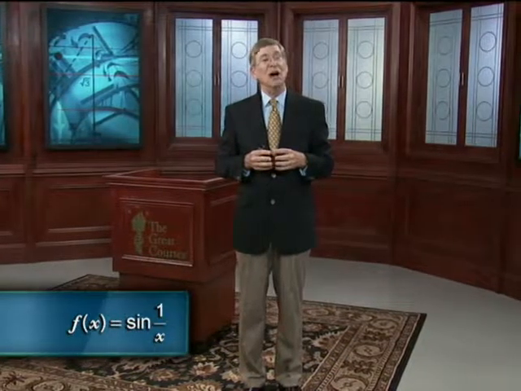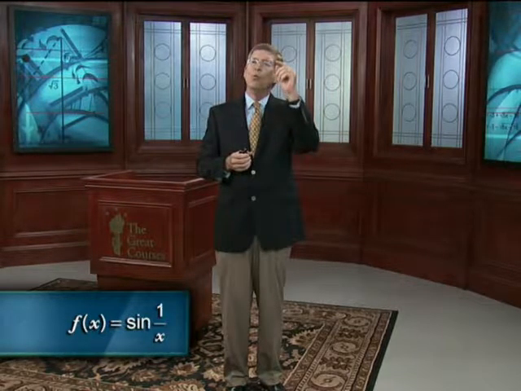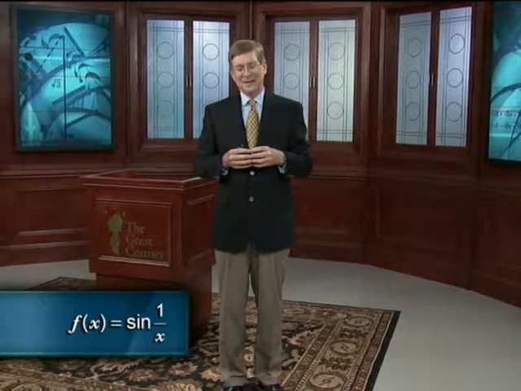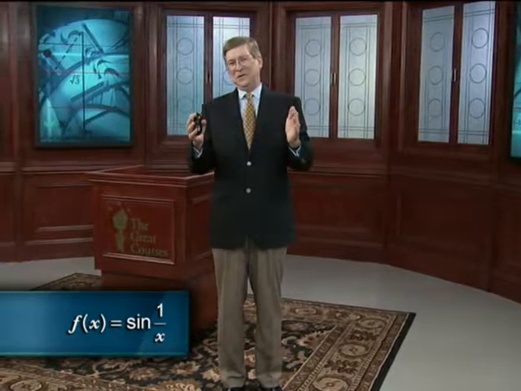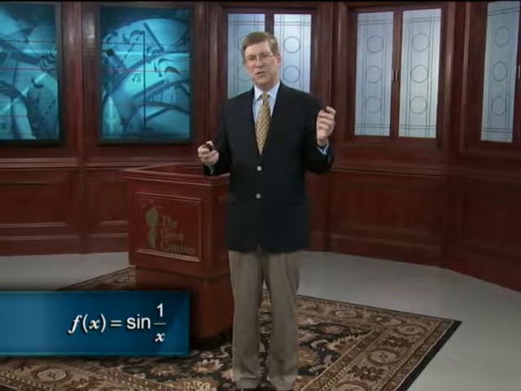Here's one of my favorite functions of all time. I love this function. Students love it too, I think, because it has a bizarre picture. It's the function sine of 1 over x, not sine x, sine of 1 over x. Let's look at a picture of this function. Get out your graphing calculator, and I'm going to graph it on the interval minus 2 to 2.